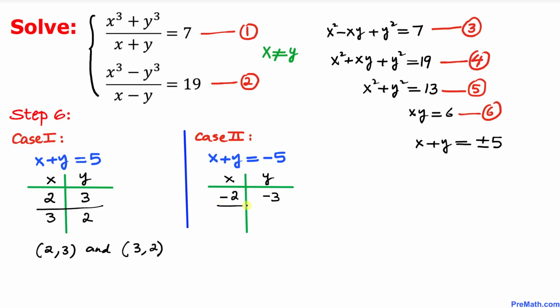And likewise, we can pick x as negative 3 and y as negative 2. So this time our solutions turn out to be negative 2, negative 3, and the other solution is negative 3, negative 2.